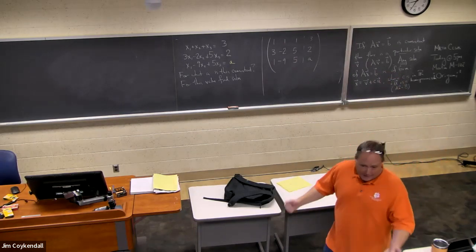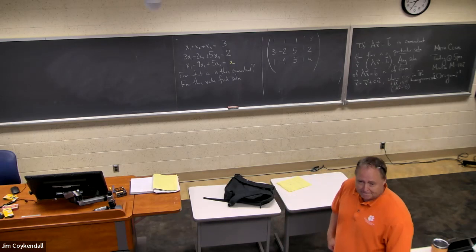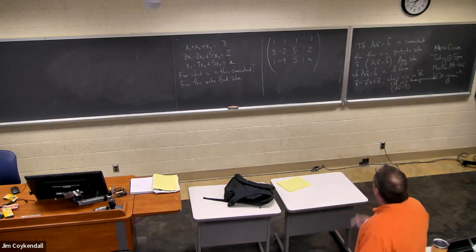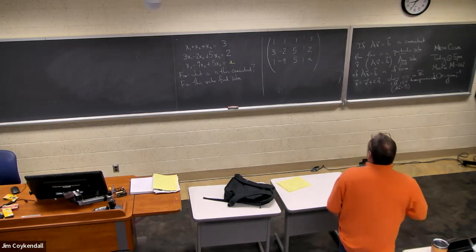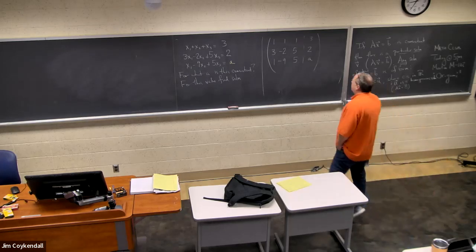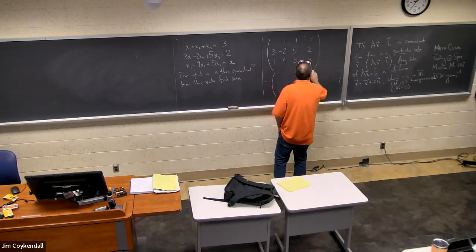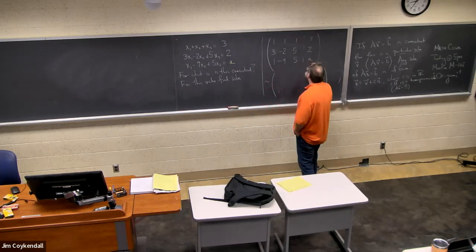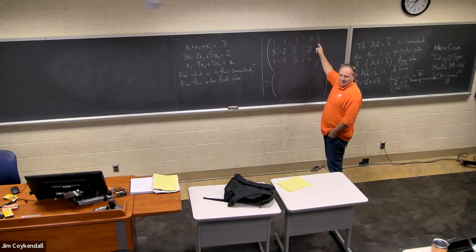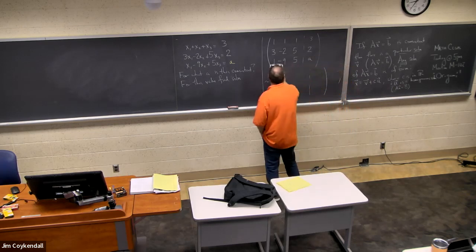I mean, crying out loud, I want a solution in the first place, right? Okay, so I've got the system of equations. The steps here, since we've already done this homogeneous, will be pretty much the same as what we did before. It's just, I've got to muck around with this right column. Could be different.